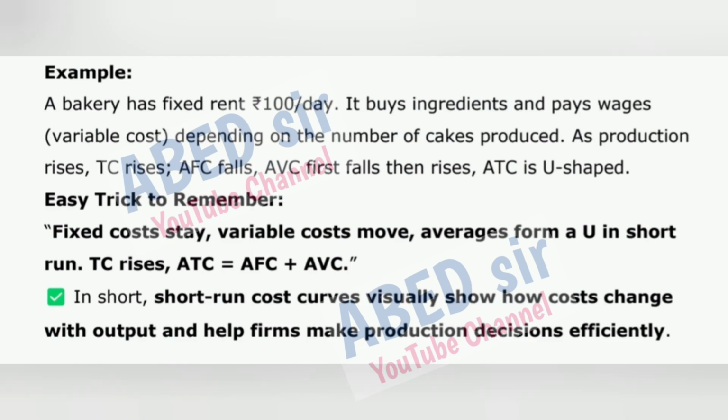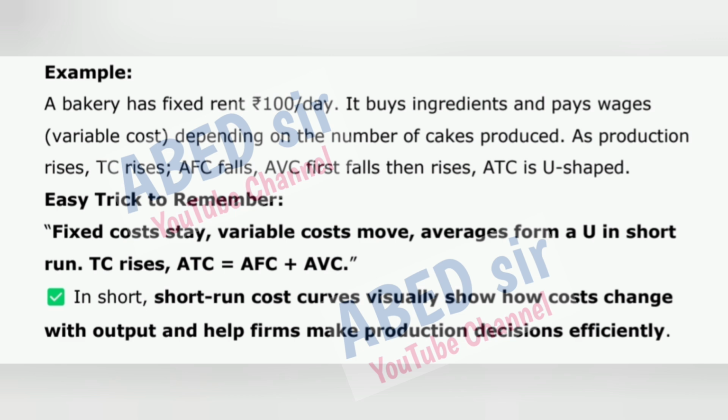Example: a bakery has a fixed rent of 100 rupees per day. It buys ingredients and pays wages, which are variable costs depending on the number of cakes produced. As production rises, TC rises, AFC falls, AVC first falls then rises, and ATC is U-shaped.